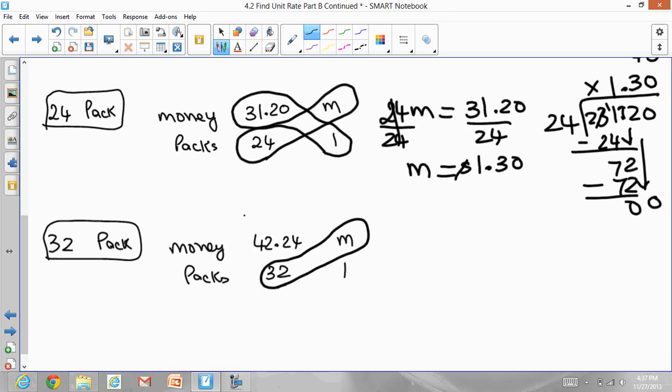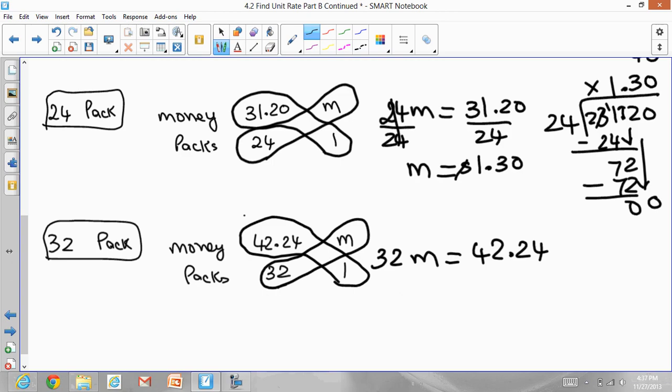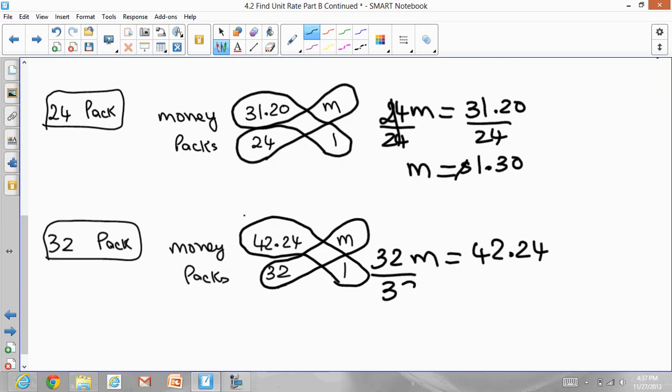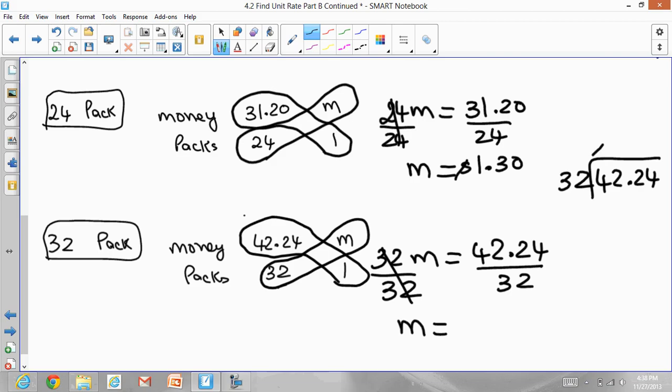Let's do the same thing here. 32 multiplies m to give you 32m. 1 multiplies this to give you 42.24. Divide by 32 to get rid of the 32 here and here. Cancel. You get m equals 42.24 divided by 32. It cannot go here. It goes once. 32, 0, 1.